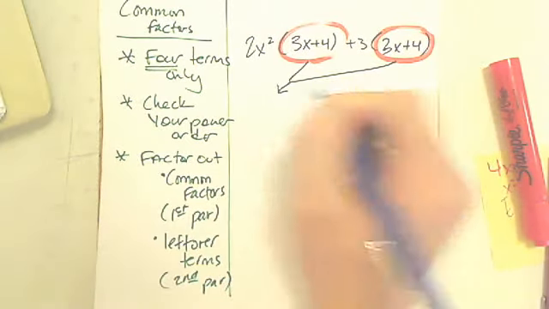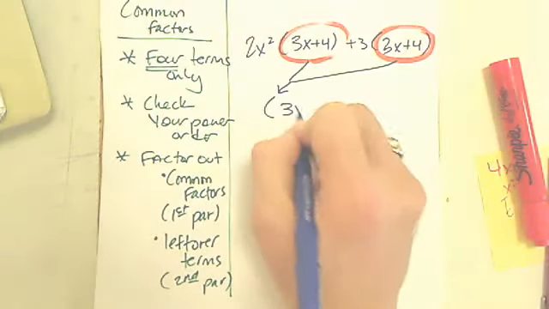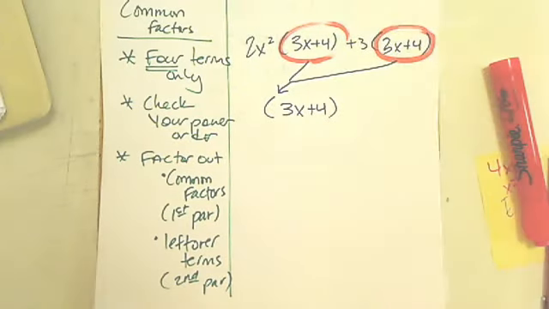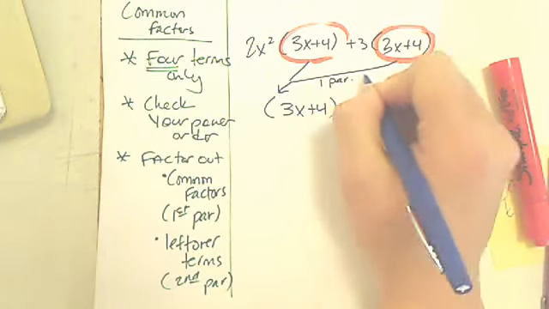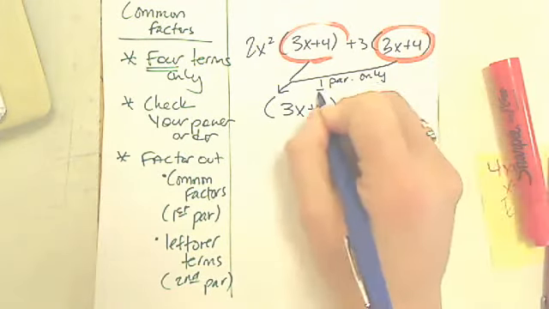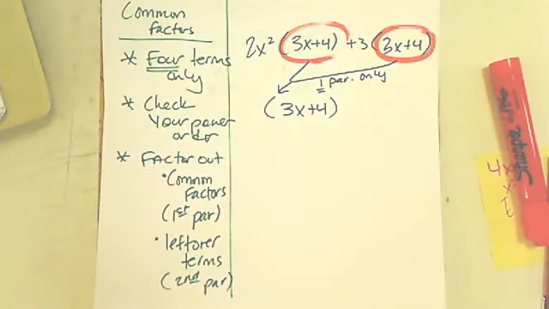So they'll come out to 1 parentheses only: 3x plus 4. You don't need 2, you just need 1.